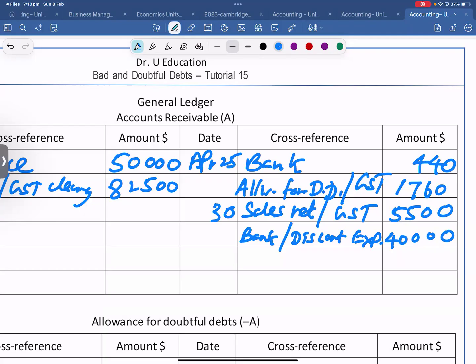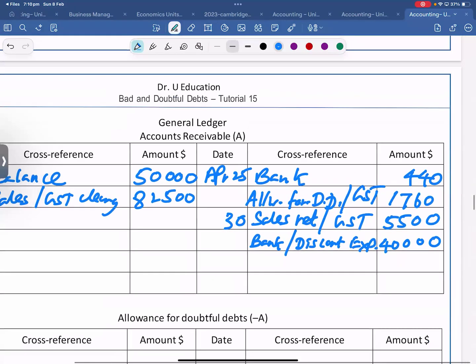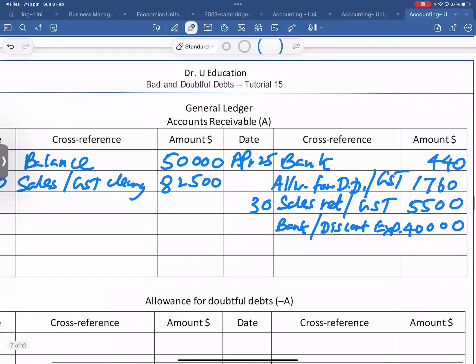Right. Then, guys, we have to balance it. Not for balancing.